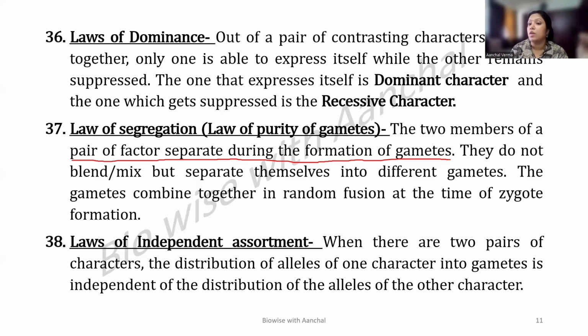That means if you are talking about a tall plant with a purple flower, then the character tall will not influence the passing of the purple flower character into the gametes. They are totally independent of each other, and that is law of independent assortment, and this can be explained by the dihybrid cross. Is that clear? So monohybrid cross F1 will be law of dominance, F2 will be law of segregation, and dihybrid cross will be law of independent assortment.